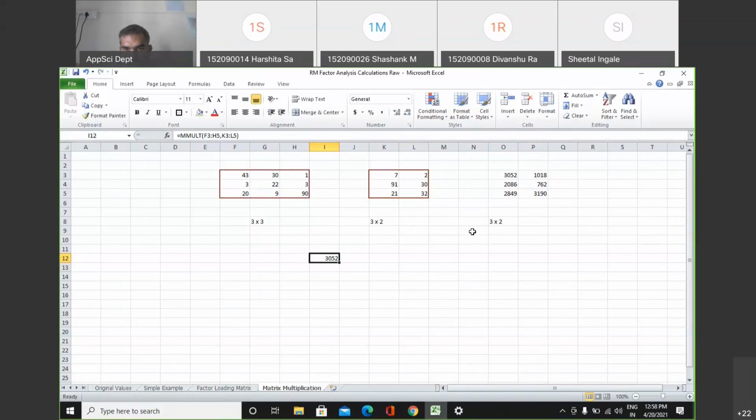It is going to be 3 by 2, so 3 rows and 2 columns. So like this.